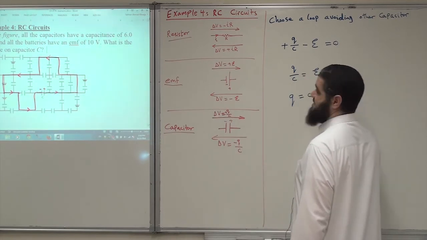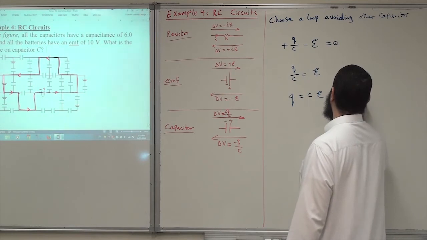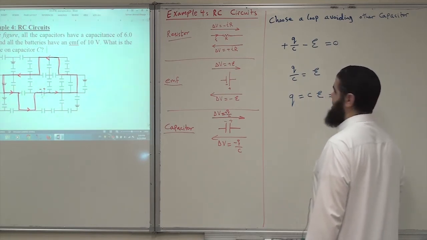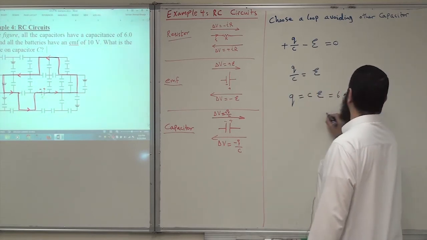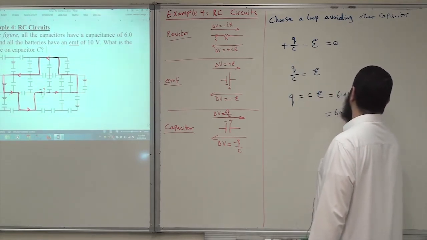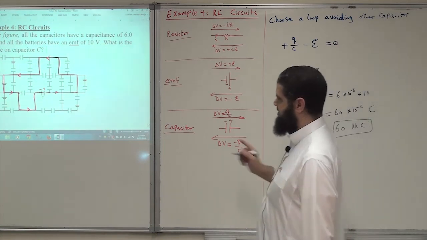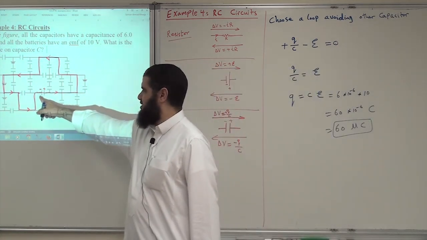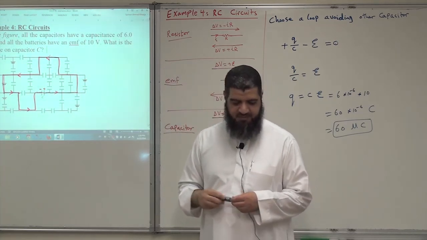So this will be C, which is 6 microfarad, 6 times 10 to the minus 6, multiplied by E, which is 10. So this will be 60 times 10 to the minus 6 coulomb, or 60 microcoulomb. And the negative charge is on the left side. The positive charge is on the right side of the capacitor.